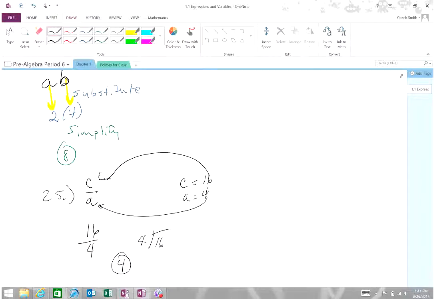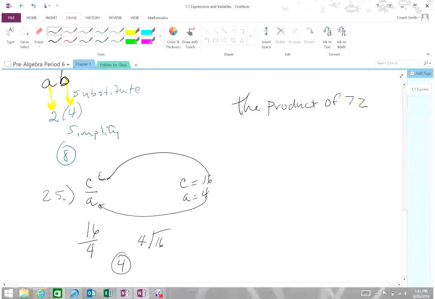Now, let's turn the page and look at number 32. Number 32 says write a verbal expression to represent the phrase. The first phrase they give us is the product of 72 and a number.